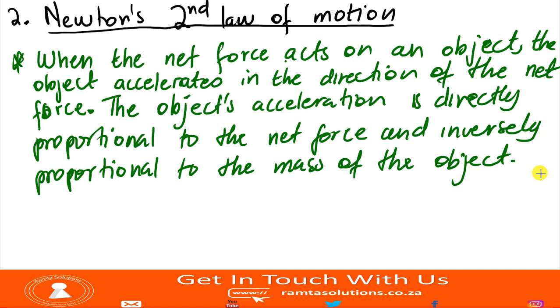So we say Newton's second law of motion says when the net force acts on an object, the object accelerates in the direction of the net force, and the object's acceleration is directly proportional to the net force and inversely proportional to the mass of the object. So check this out. We say there is a formula that we're getting from this law.